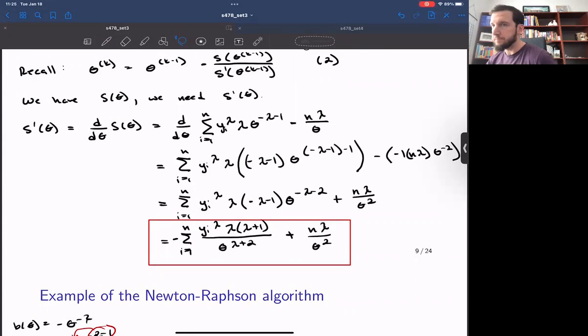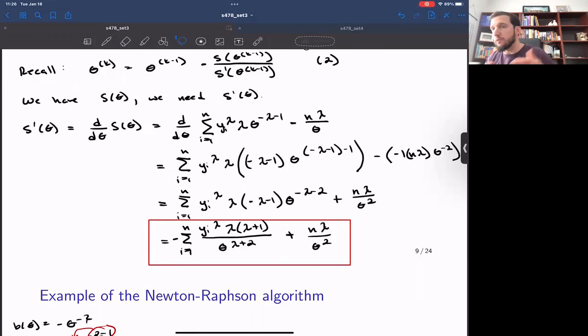Because at this point, what we are able to do is just take a value for theta, sub it into S prime of theta and S of theta, and what we get out is a result for theta k. So we start at some initial quantity, plug it into the score and the derivative of the score function, and get some value out. We take the ratio of the values, subtract it from the initial quantity, and update to get the new value. Then we take the new value and plug it back in again.